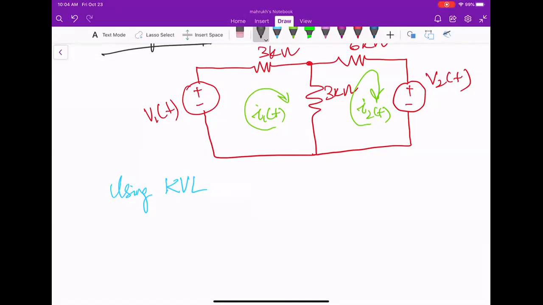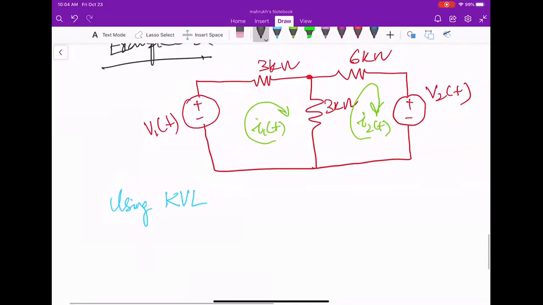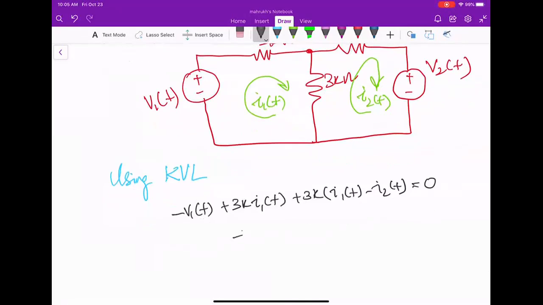I don't know V1 and V2, okay? So it should be minus V1 of t plus 3k I1 of t plus 3k times I1 of t minus I2 of t is equal to 0, which makes minus V1 of t plus 6k I1 of t minus 3k I2 of t equal to 0. So this is the equation of loop 1.